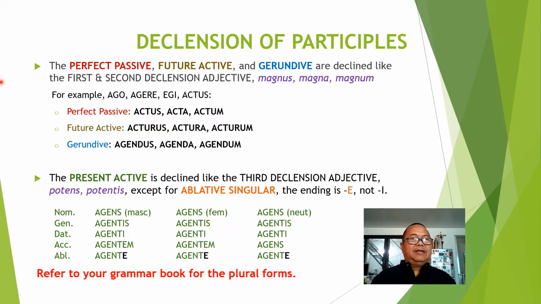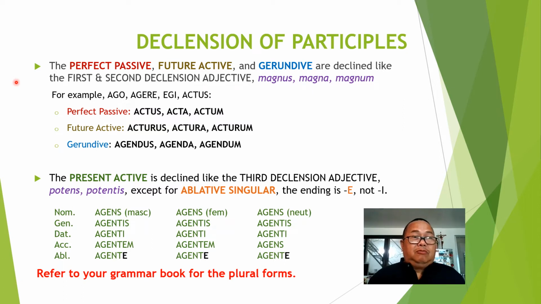Okay, the declension of participles. The perfect passive, future active, and gerundive, these 3 participles, are declined like the first and second declension adjective. So, the model is manius, mania, manium.